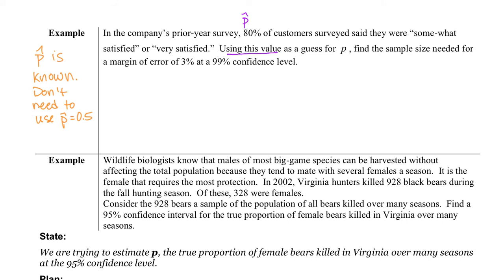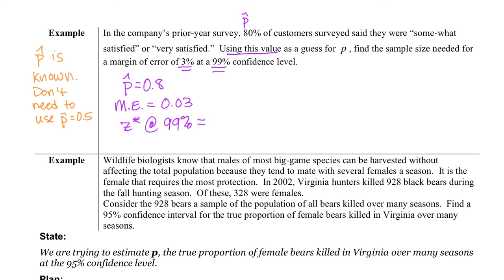So they've done a survey before, and now they want to do the same survey again, and maybe they just can't remember how many customers they surveyed the last time. So they want to calculate how many customers they should survey to get the same result of a margin of error of 3% and a 99% confidence level.